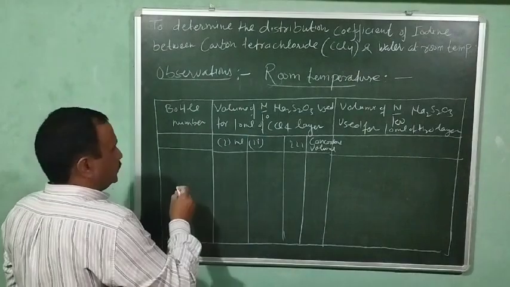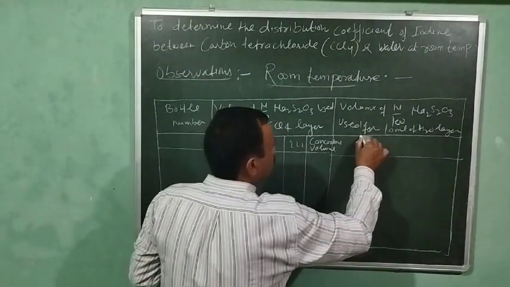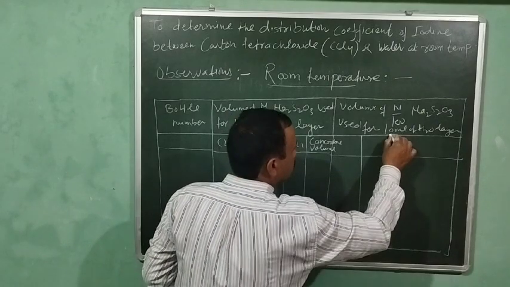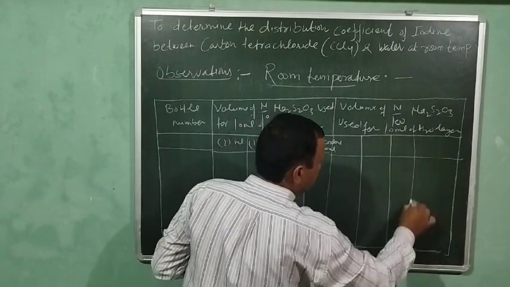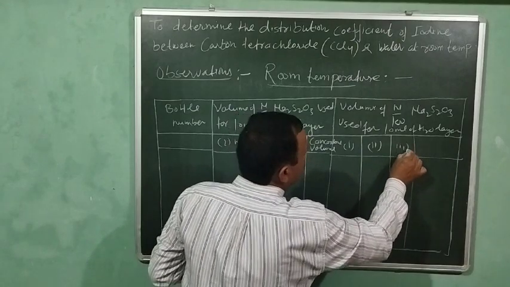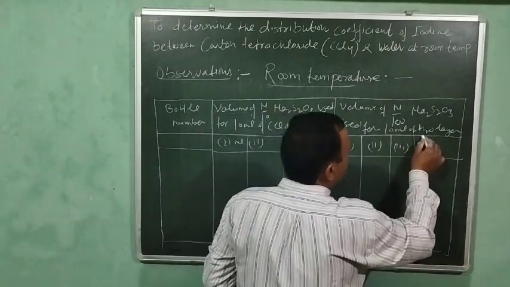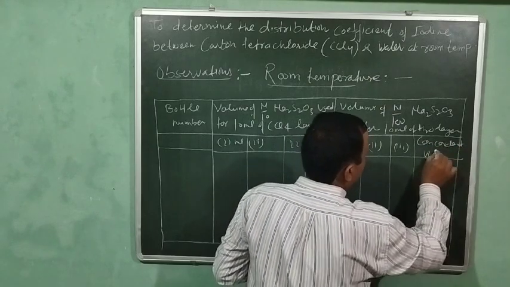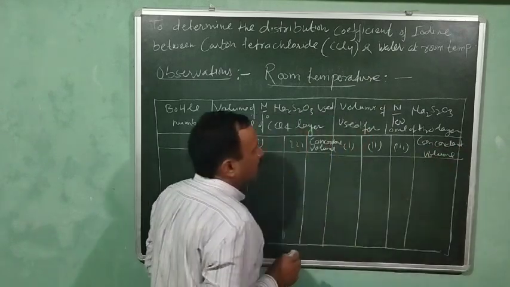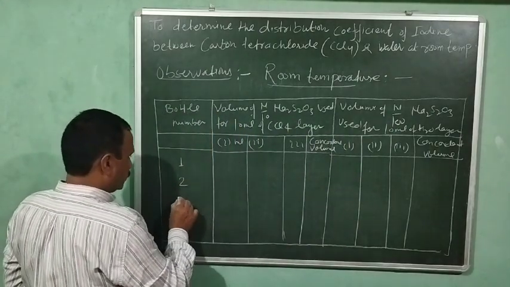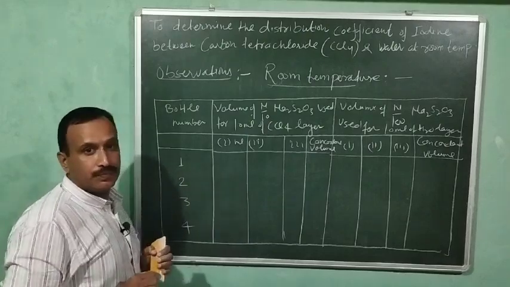Okay, so likewise here also, first reading you have first volume, second, third in ml, and then concordant volume. So here we will have bottle number 1, bottle number 2, bottle number 3 and bottle number 4.